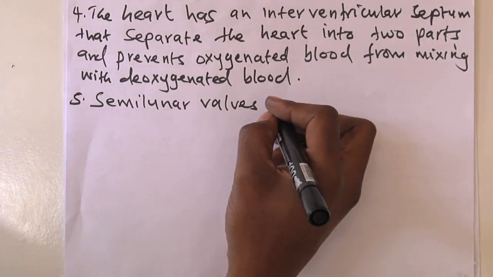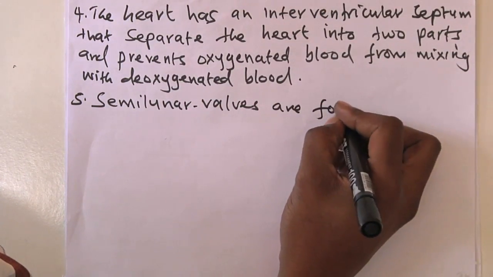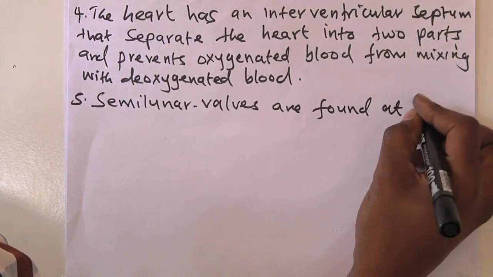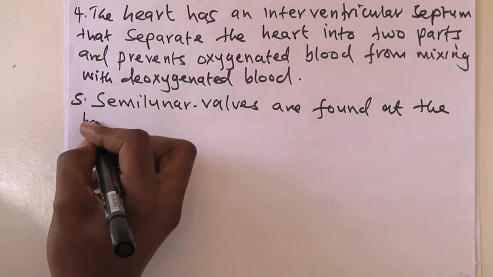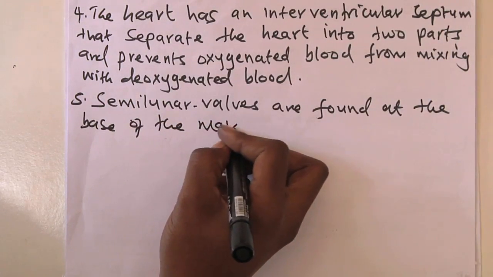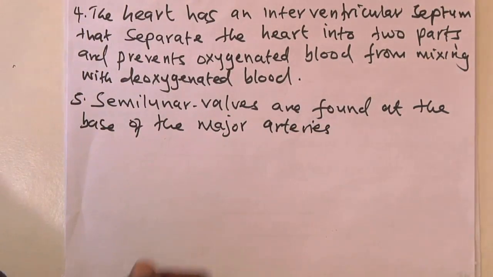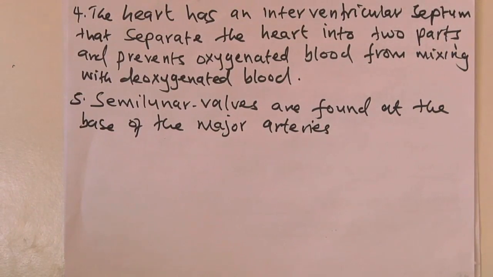Semilunar valves are found at the base of the major arteries. And what do they do now that they are found at the base of the major arteries?